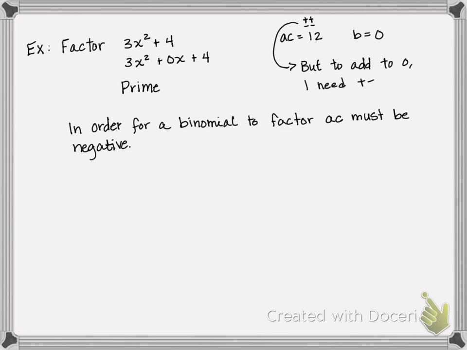And since we always rewrite these with a positive leading coefficient, what that really means is that you have to have subtraction between the two terms, right? This has to be negative.